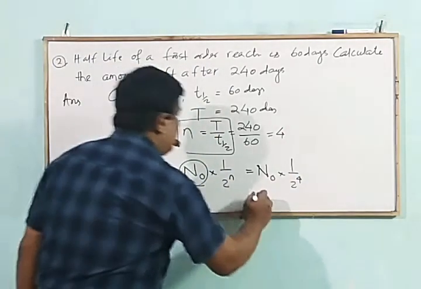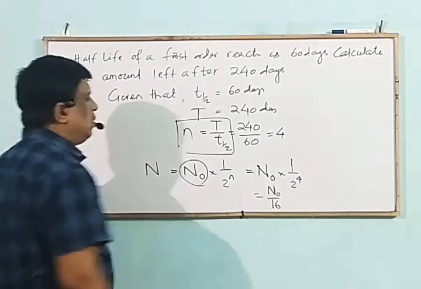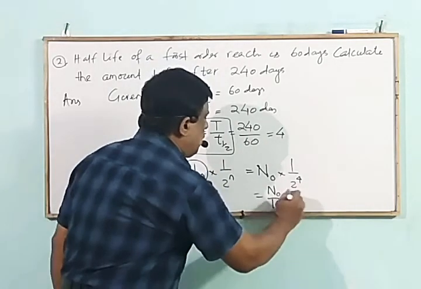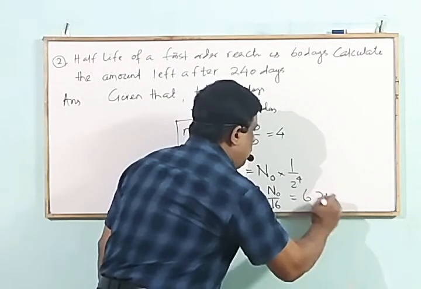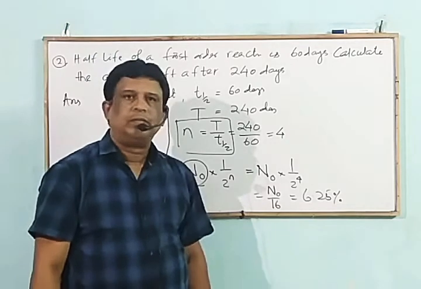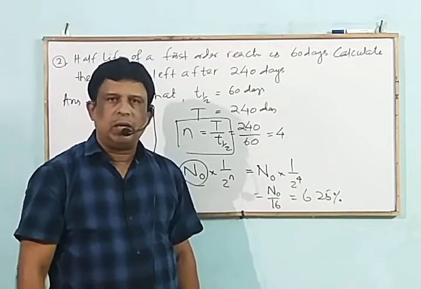That means initial amount by 16. If we calculate the percentage value, then 6.25% of its initial value. It is one type of problem relating to first order kinetics carrying 2 marks.